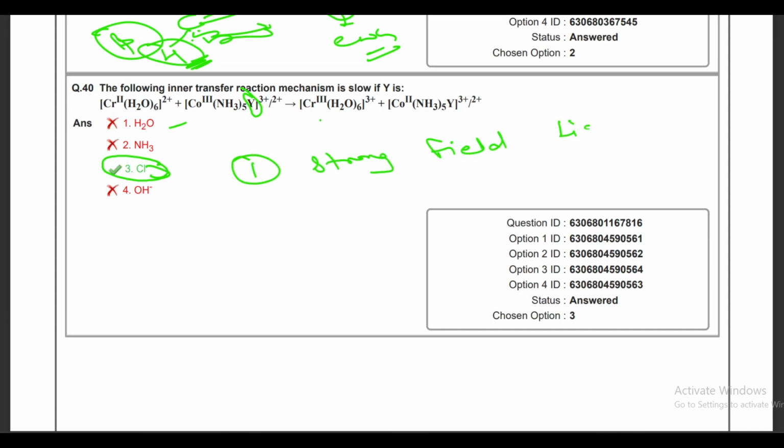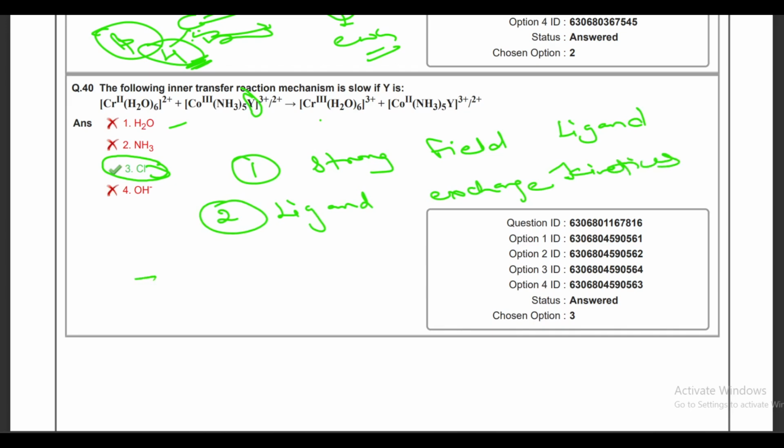strong field ligand. Second is ligand exchange kinetics. And third is steric hindrance. Okay, so first is strong field ligand. You know that out of these four options, chloride is a weak field ligand, not a strong field ligand.